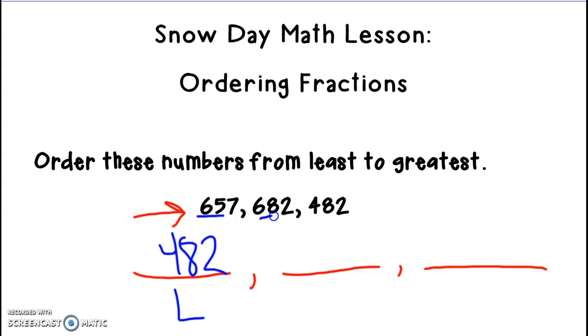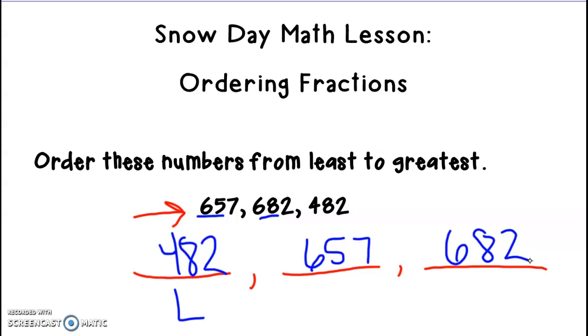Then we actually have to go to our tens place to figure out what comes next, which would be 657, and finally 682. So this is just a little refresher of what it means to order numbers.